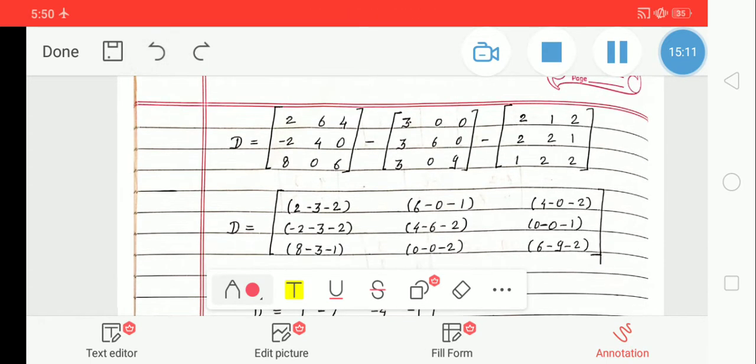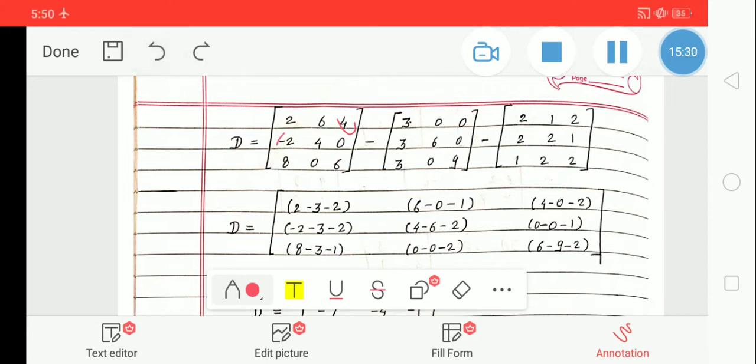So now 2 minus 3 minus 2, then 6 minus 0 minus 2, then 4 minus 0 minus 2.